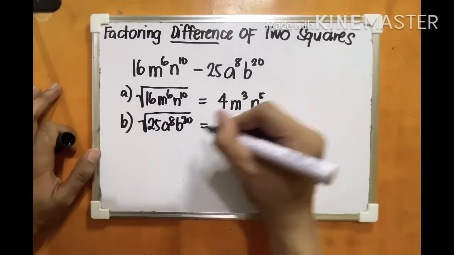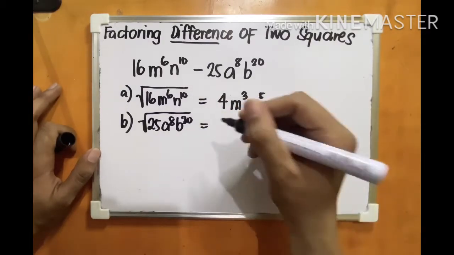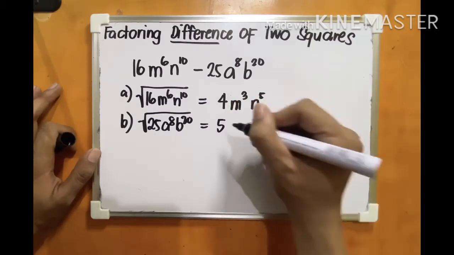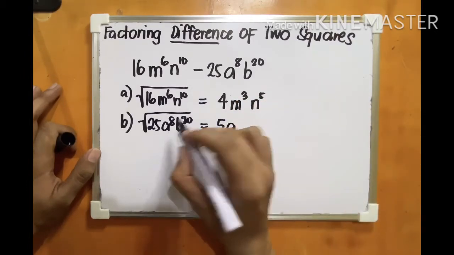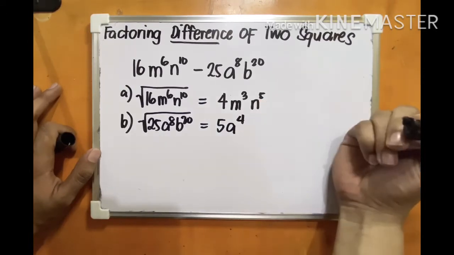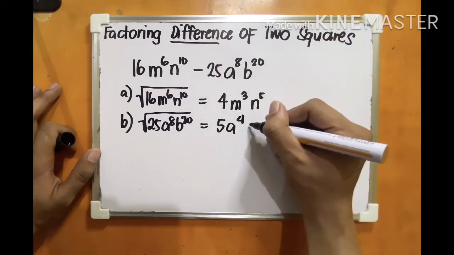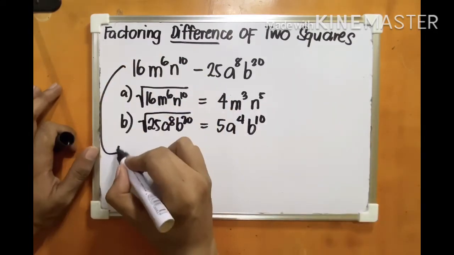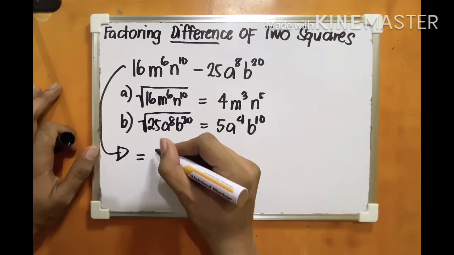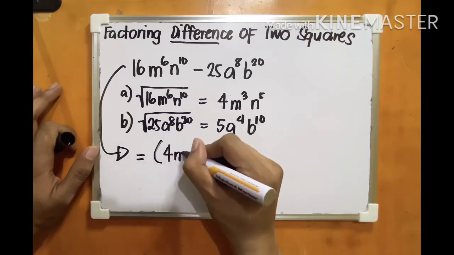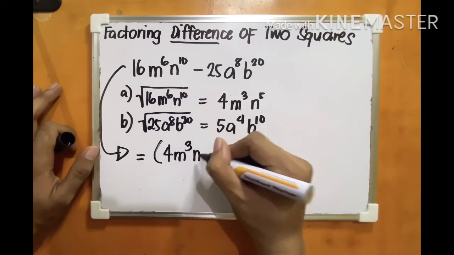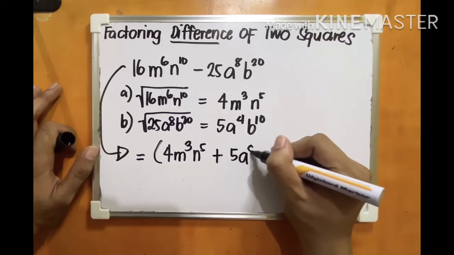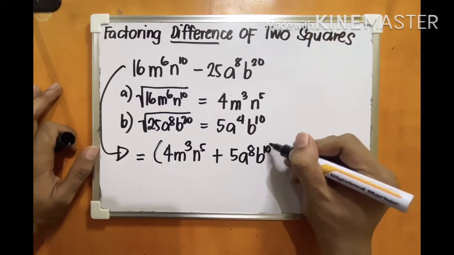We have also the next step, step B. So square root of 25 is 5. Then a, 8 divided by 2 is 4. Then b, 20 divided by 2 is 10. So therefore, the answer is 4m³n⁵ + 5a⁴b¹⁰.